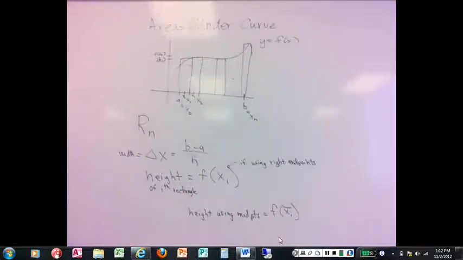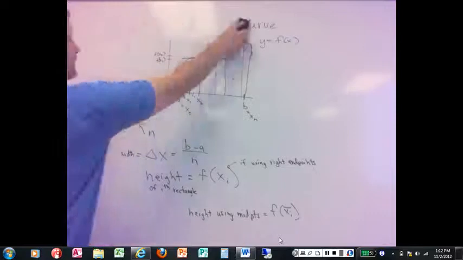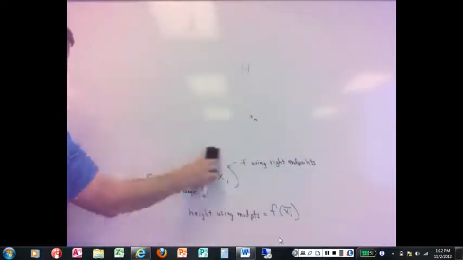What we're going to do now, from our previous examples from the handout, is move to more of a function that we know scenario. So let's talk about this next example here.